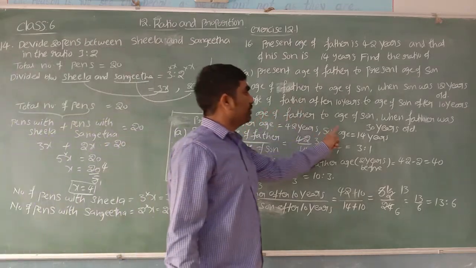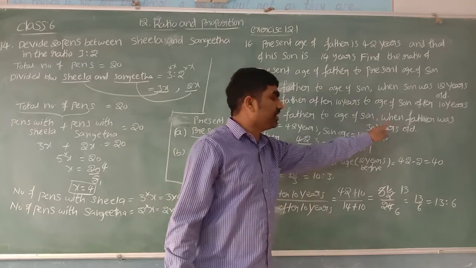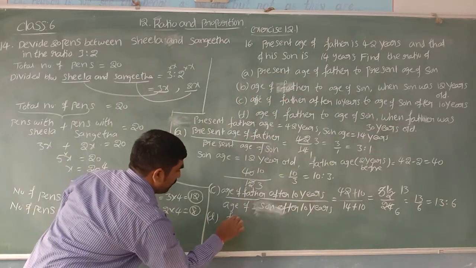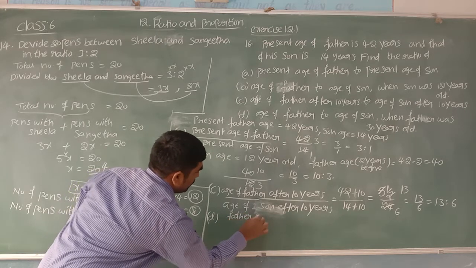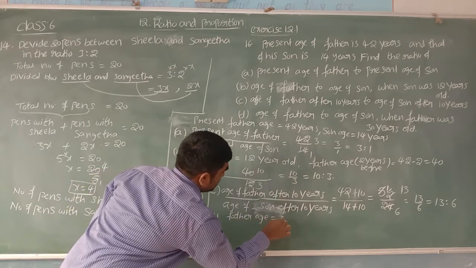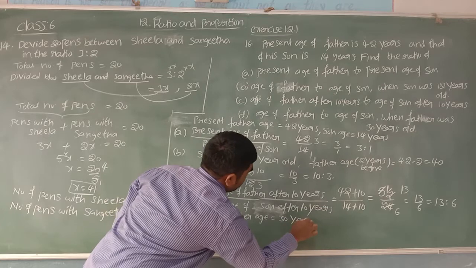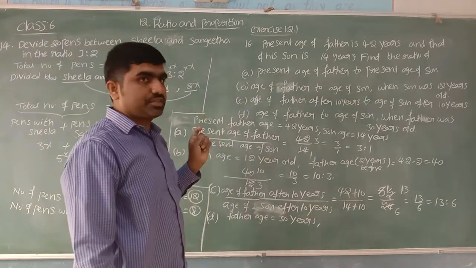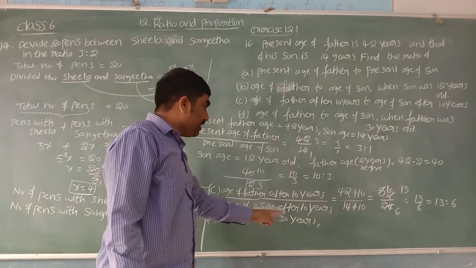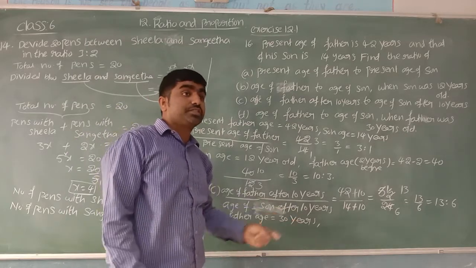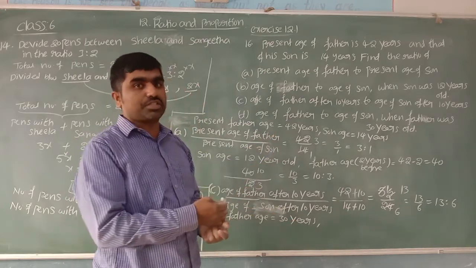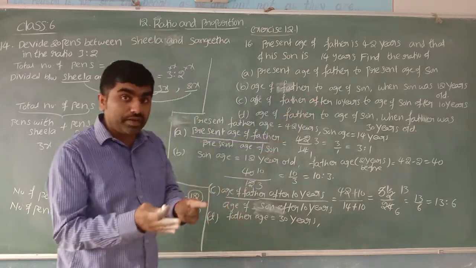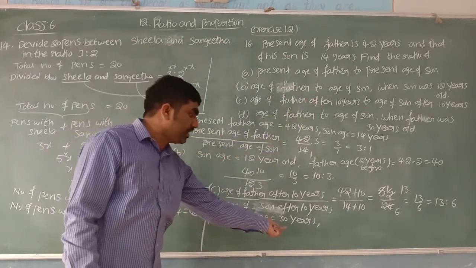Age of father to the age of son when father was 30 years old. Yes. Now here they said father age. Father age is equal to how much? 30 years. Present father age is 42 years. 30 years old means how many years ago? 12 years ago. 12 years ago his age is 30 years.